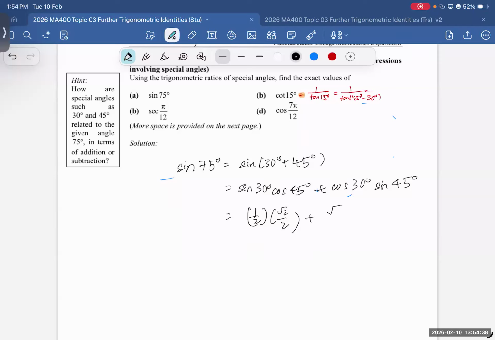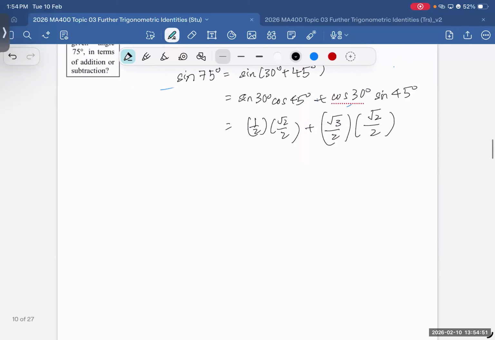By now you should be experts already. Ariel, what is sine 45? Very good. So from here, you should get the answer. Oh, so nice. They are both over 4, times 2 times 2. So that is square root 2 plus square root 6 over 4.